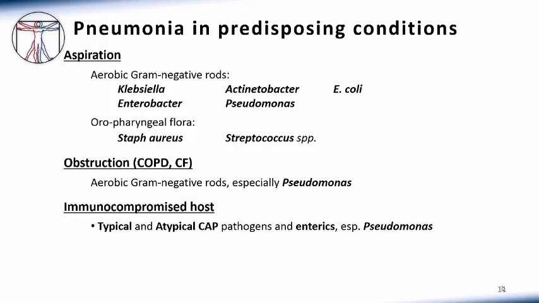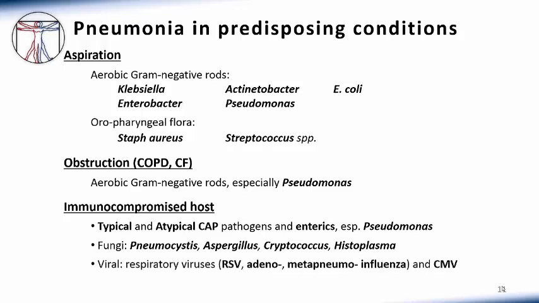Immunocompromised patients frequently develop pneumonia, as this organ is in constant communication with the outside world. And many different organisms can cause pneumonia syndromes. But you must remember the typical and atypical causes of community-acquired pneumonia in these patient populations. And as well, there are certain fungi that can cause lung infections in highly immunocompromised patients, including Pneumocystis species, the mold Aspergillus, as well as the yeast Cryptococcus and the dimorphic fungus Histoplasma.